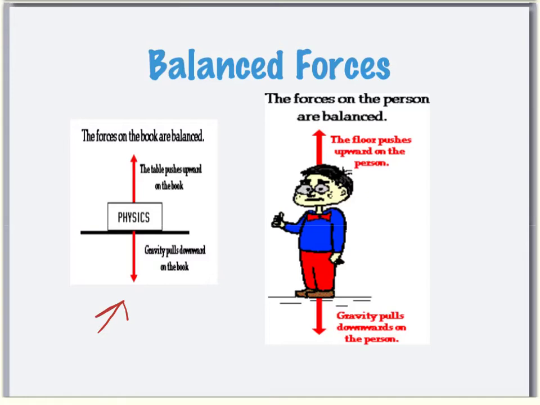At the same time, the table that the book is sitting on is exerting an equal and opposite force, which is why the book is not moving. Gravity is pulling downwards on it, but at the same time the table is pushing upwards. And we call that a balanced force, which is the reason why things don't move when they're placed on a table or a chair or whatnot.